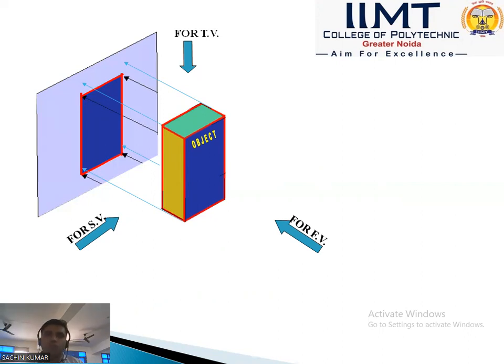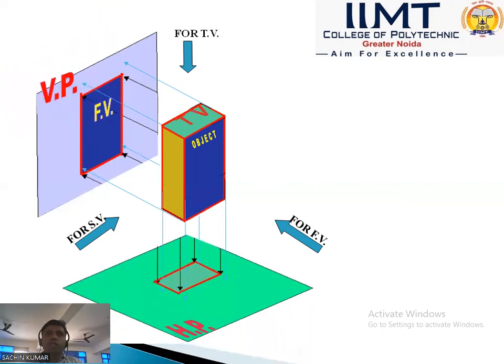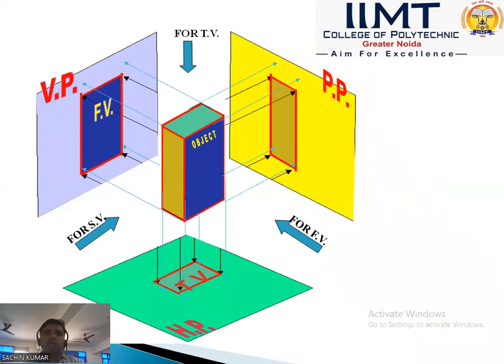But in isometric projection, all three dimensions are shown in one view, and it also gives the actual size of the object. That is orthographic projection, with front view, top view, and side view, and we will discuss this object later. First, we are only defining the projectors and planes of projection.